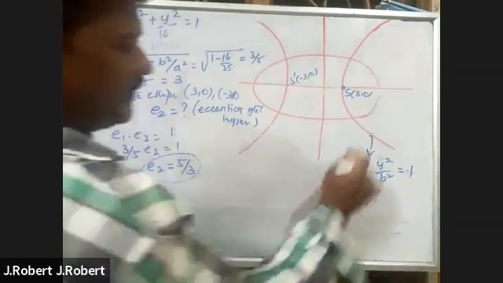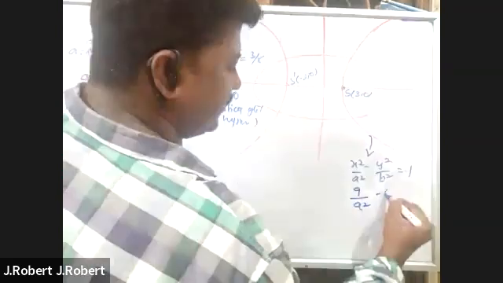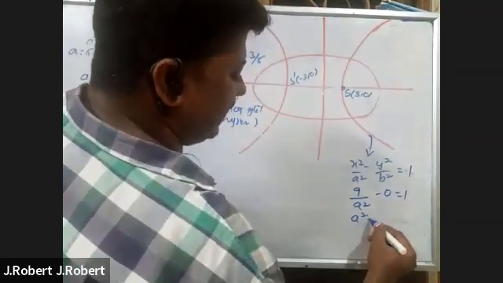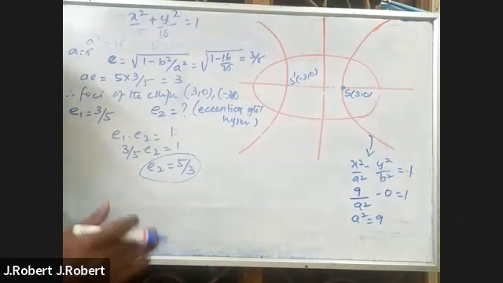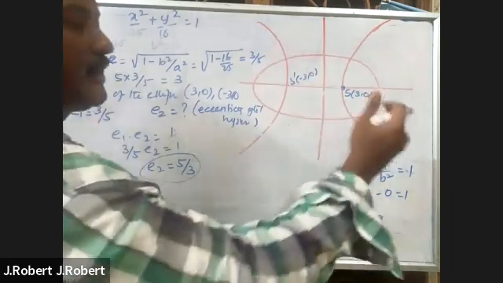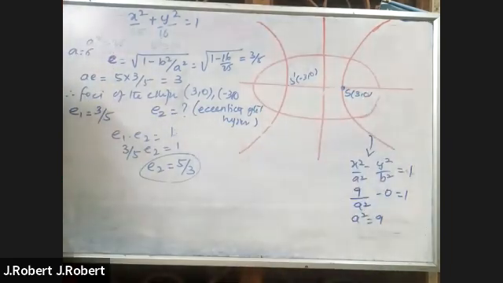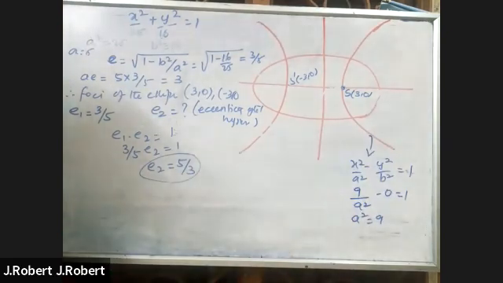If we substitute this, x as 3, 3 square is 9 minus a square, y as 0, whole part 0. From this we get a square is equal to 9. We directly found a square because the foci of the ellipse pass through the hyperbola. Now I have to find b square.